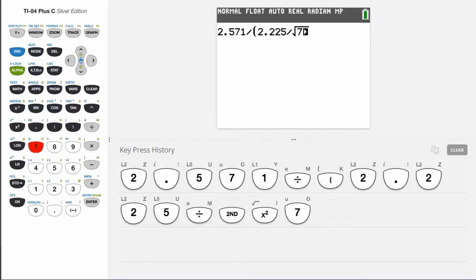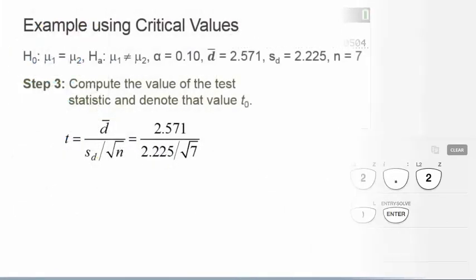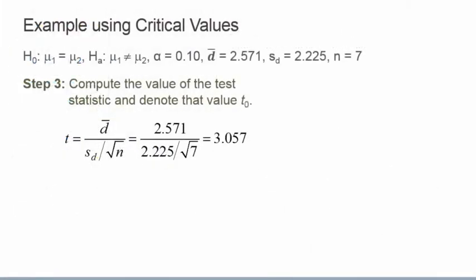Either close your parentheses or arrow right, close parenthesis, enter. And our answer is 3.057.